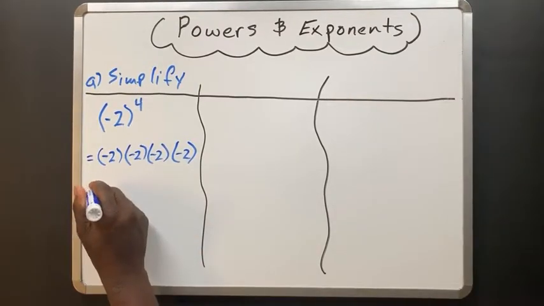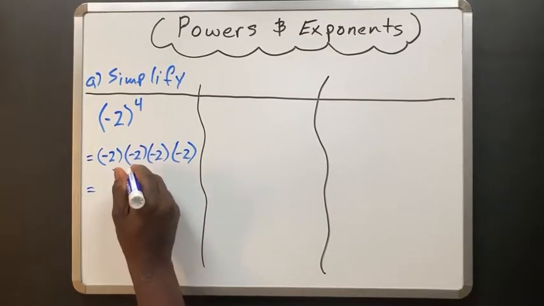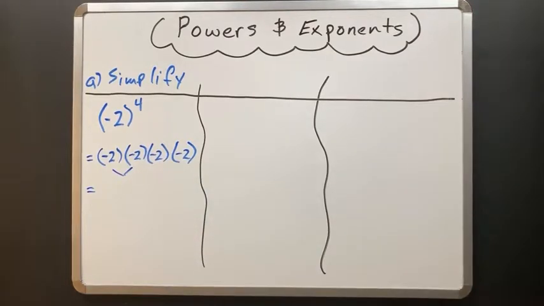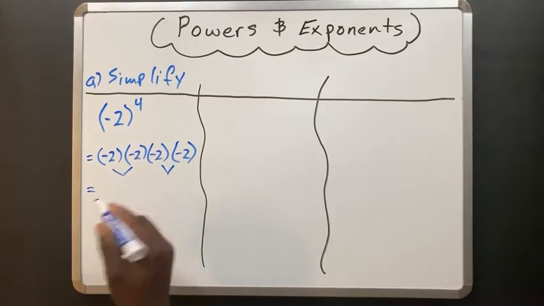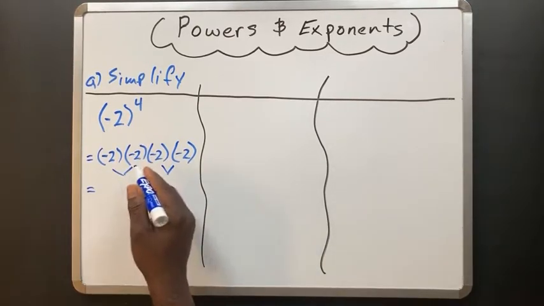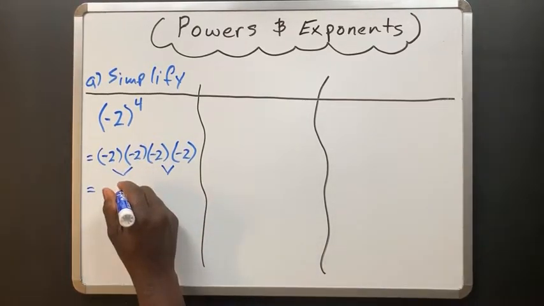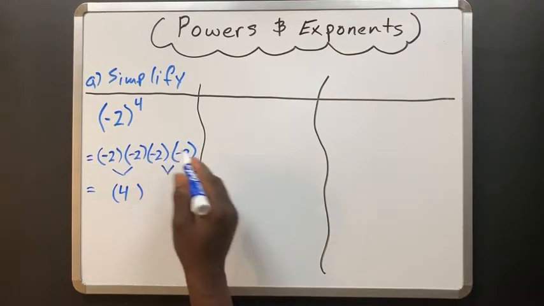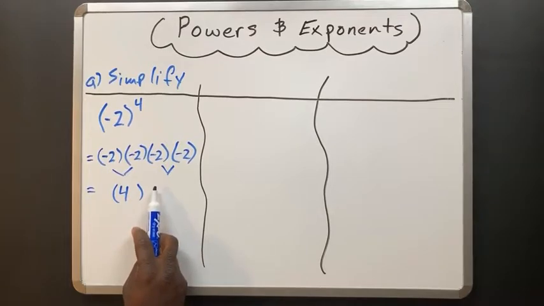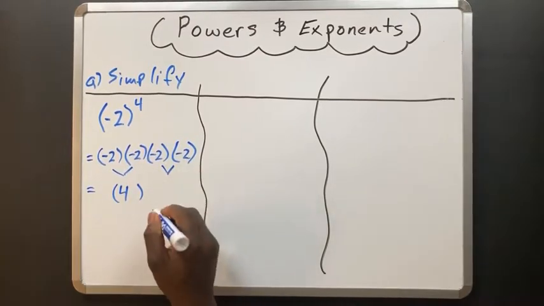Now, there are different ways you can approach it. I like to take two of these numbers and multiply them together. -2 times -2, a negative times a negative is a positive, so that gives me a positive 4, okay? And then I have, again, -2 times -2, a negative times a negative is a positive, same thing.